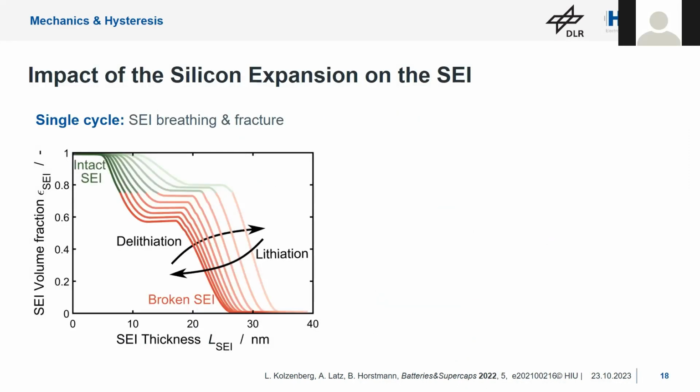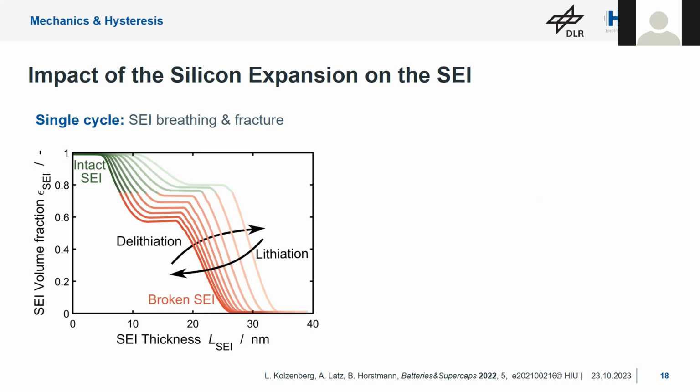And the results look like this. So you see here the SEI volume fraction as a function of SEI thickness. So you have to imagine this is the electrode surface here at the left, and at the right, you have the electrolyte. There's an inner SEI that is very dense, and there's a porous outer SEI.